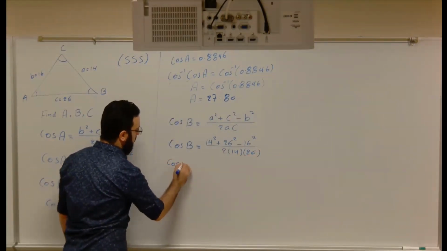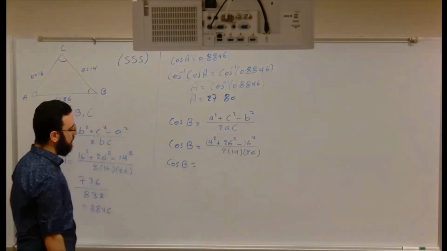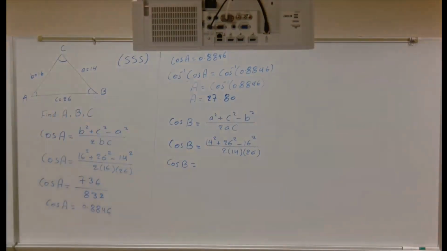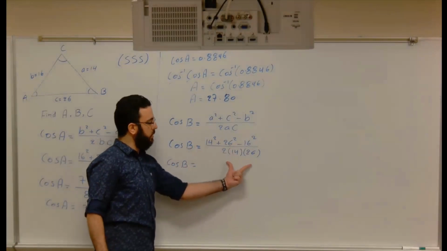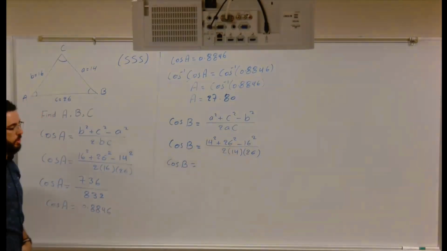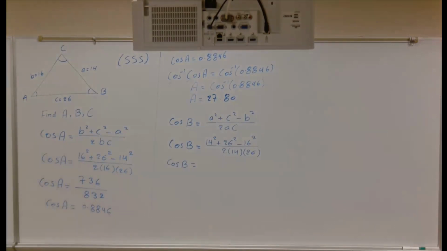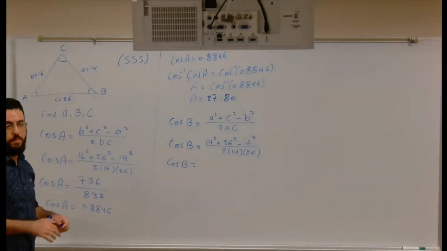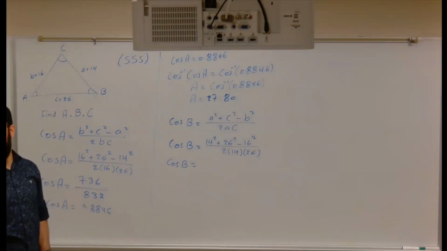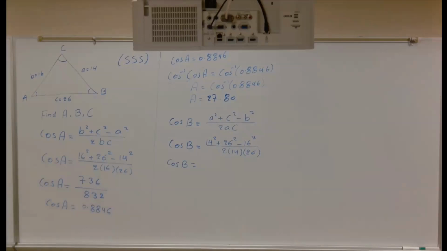That means cosine B is going to be equal. Tell me how much it's going to be. Just type this one: divide by 2 times 14 times 26. How much are you getting?